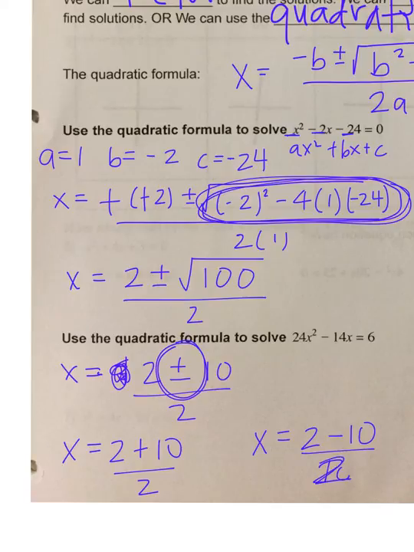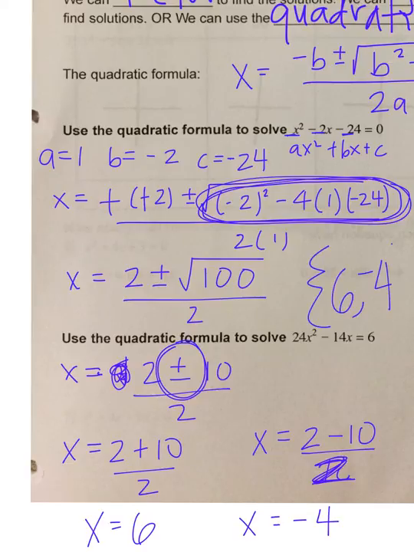Okay, 2 plus 10 is 12. If I do 12 divided by 2, this one turns out to be 6. And 2 minus 10 is negative 8. Divide that by 2, and I get negative 4. So the two solutions for this one are 6 and negative 4.